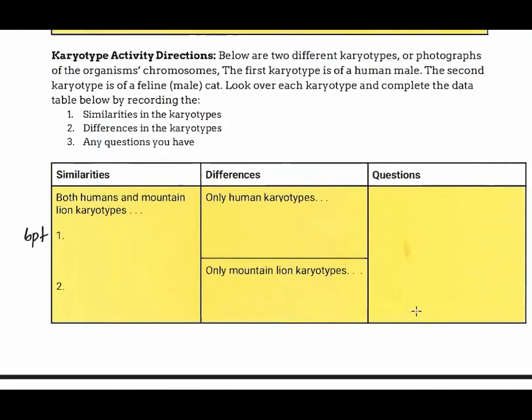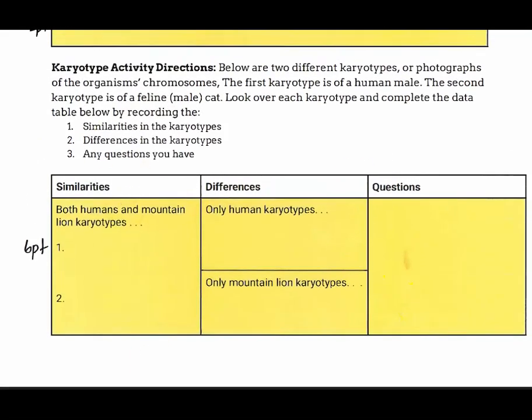All right, so let's go up here and let's write some of this down. If you've got yours written down already, you don't have to write what I have. You should have written something down. So both occur in pairs. That's number 1.